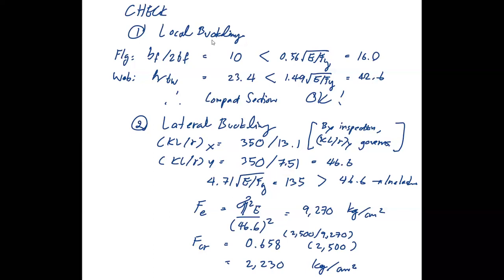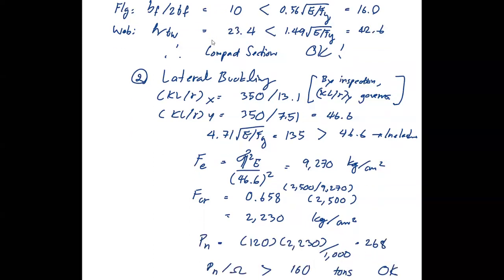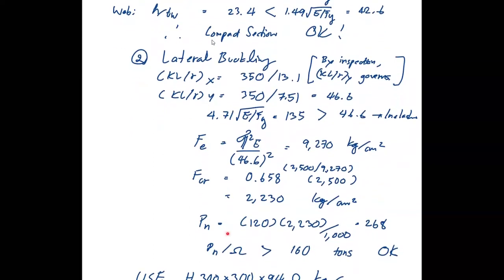And if you don't feel it, one way to help you feel the structure is that you go ahead and calculate this as well. It doesn't hurt. You can go ahead and calculate KL over Rx and then use that number to create F critical. And then in the end, you will arrive here with P nominal.